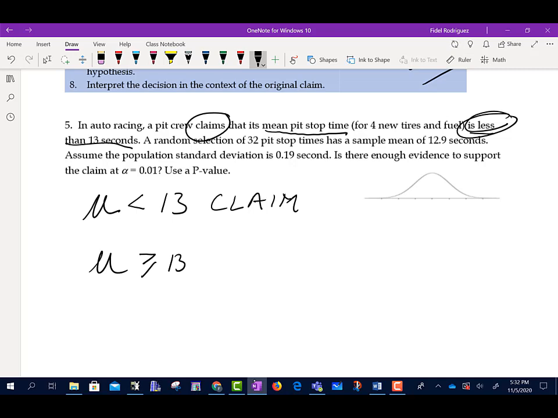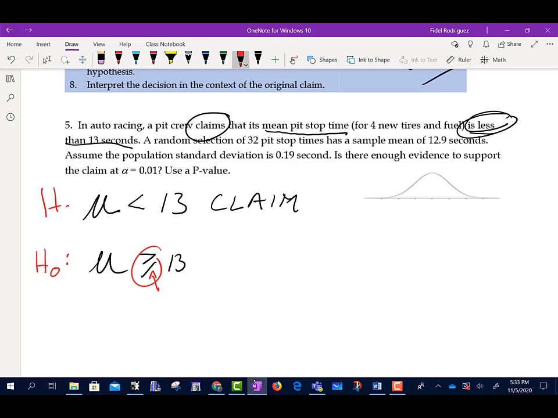Now that we have that, the second thing we're going to do is identify which one of these is the null hypothesis and which one is the alternate hypothesis. Just a friendly reminder, the null hypothesis is always the one that has the equal to part. If there's an equal to, whether it's greater than or equal to, less than or equal to, or just simply equal to, that's going to be my null hypothesis, my H0.